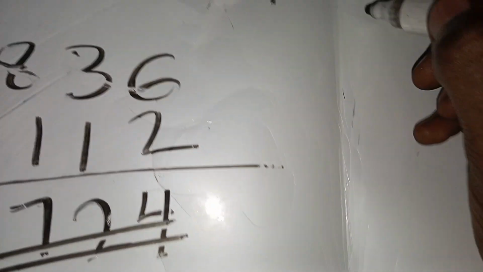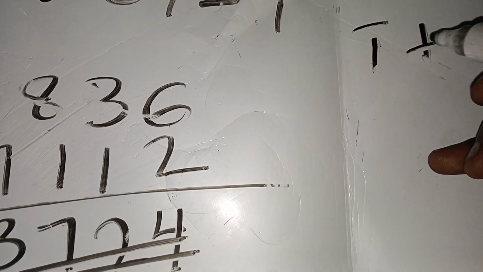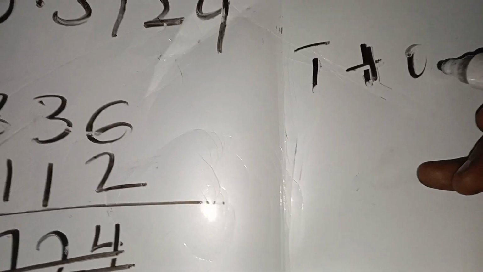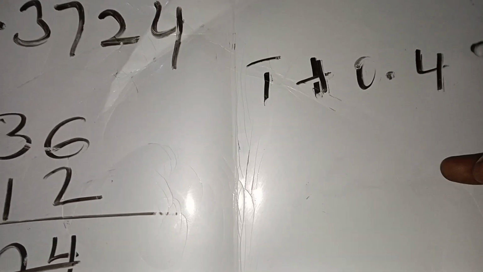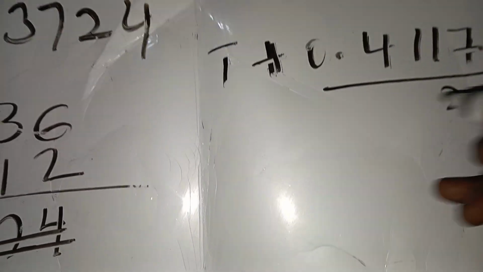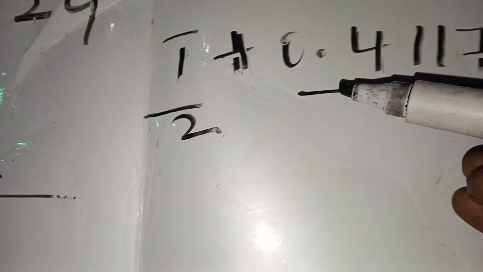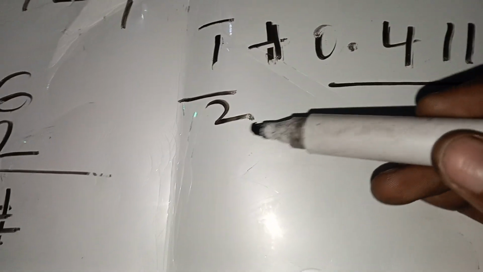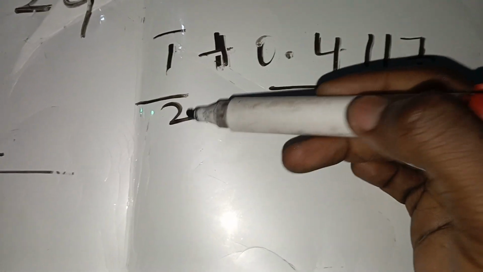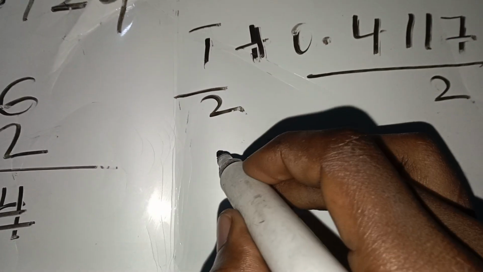Let me write here. Now, -2 by 1 plus 0.4117. I divide by 2. So here I'm looking at how many numbers I am left with to reach this 2, which is 1.